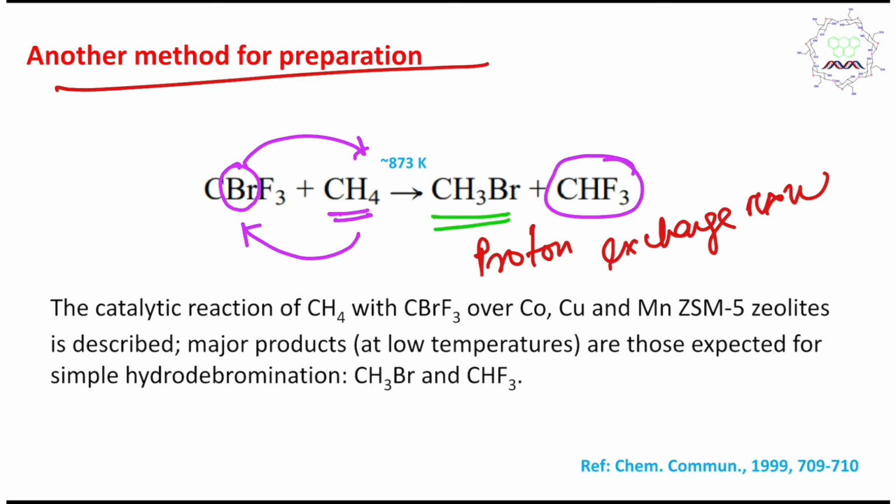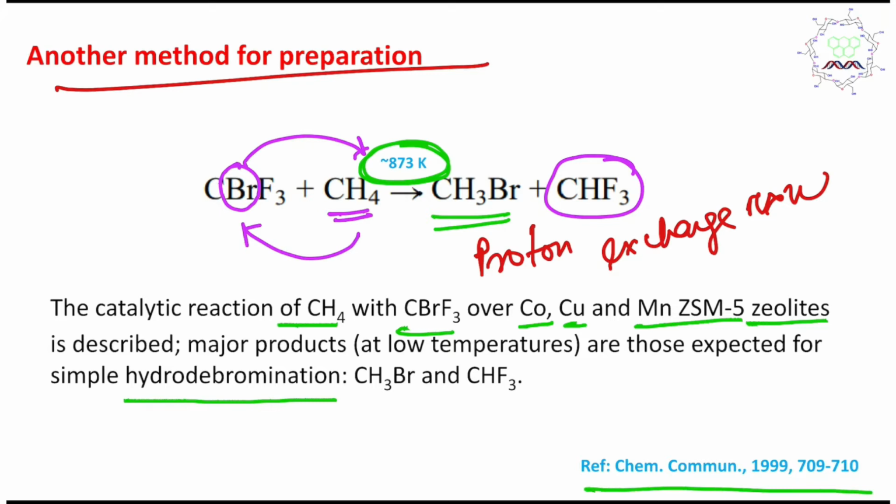But this reaction requires pretty high temperature, 873 Kelvin, and is a catalytic reaction of methane with trifluorobromomethane over cobalt, copper or manganese ZSM-5 zeolite catalyst. Simple removal of halogen, debromination, and attachment of hydrogen. This is the reference of this literature.